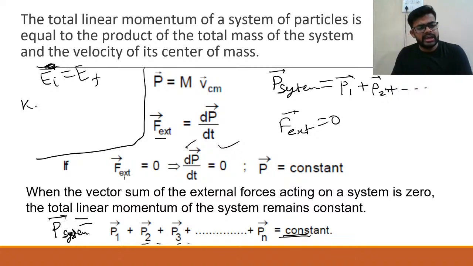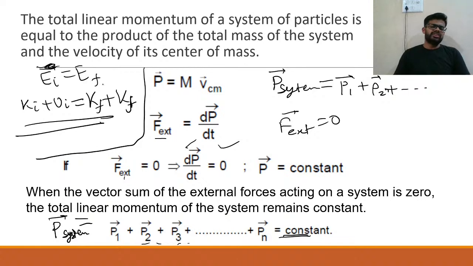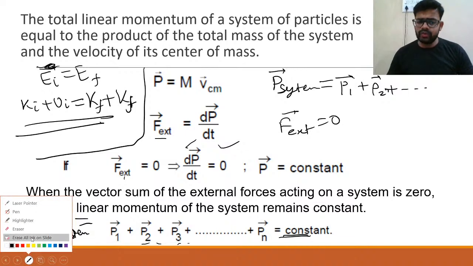That means initial kinetic energy plus initial potential energy will be equal to final kinetic energy plus final potential energy. This is just the conservation of energy principle, and we will use it. That's why I just introduced it here. I'm not explaining it; you learn this in work, power, and energy.